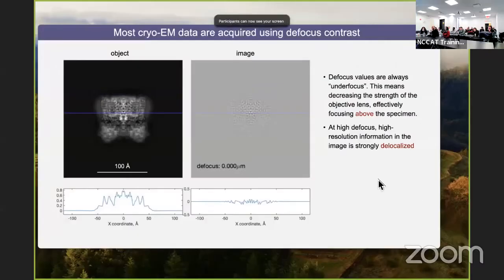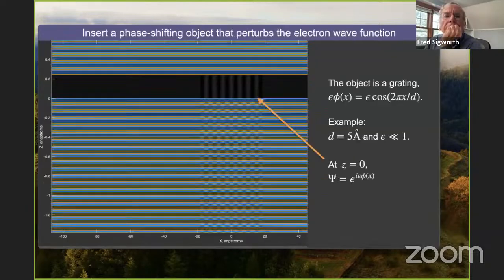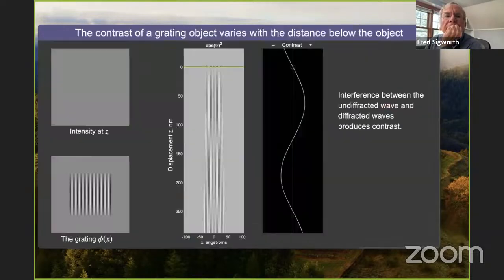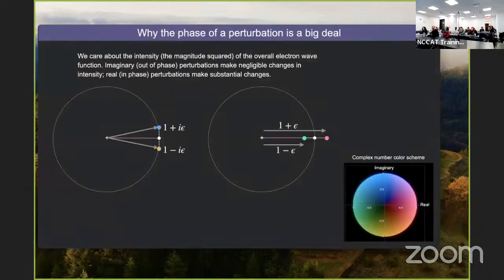So I guess I want a more physical reason for why you get low contrast at higher spatial frequencies. Just what's happening in the microscope or to the electron rays to make that contrast not visible. Yeah. So what's happening is this.